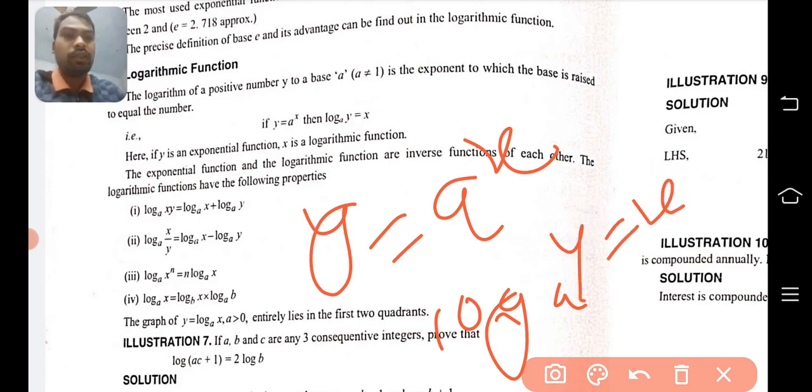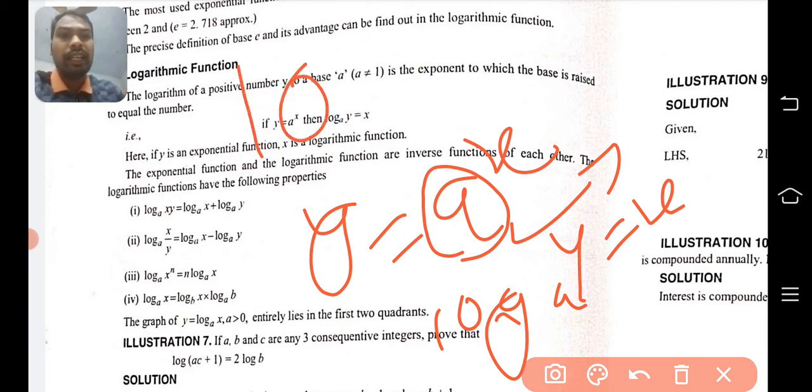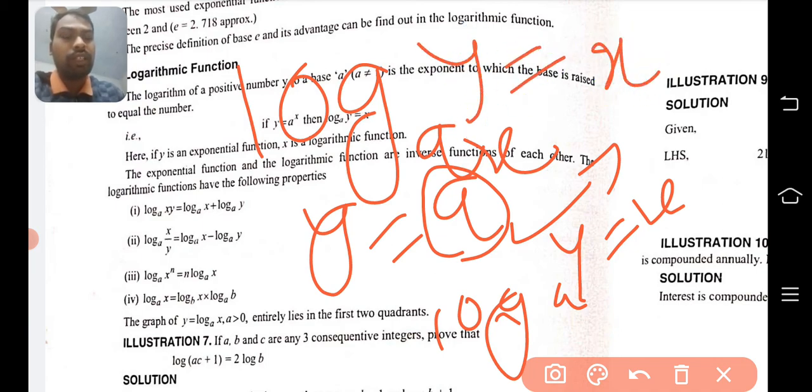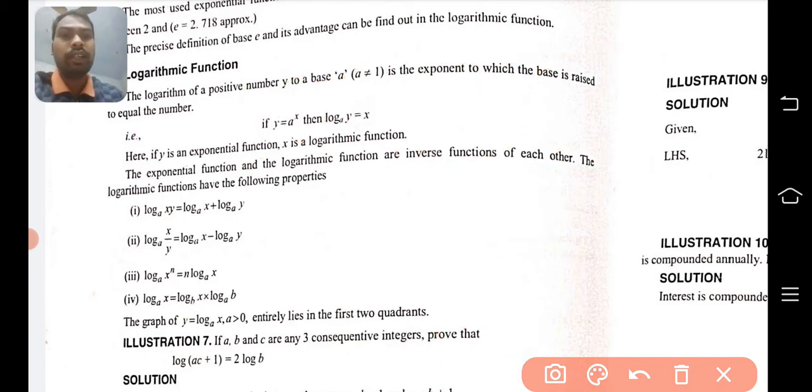So whatever the base in your first equation, that is a, that will return in a logarithm function, and log base a of y, that is your functional value, is equal to x. Such a type of expression is called a logarithm. Wherever you are getting the log, that is your logarithm function. Clear?